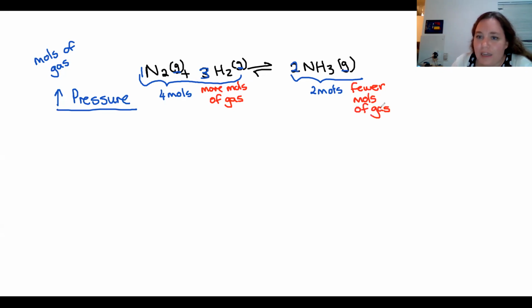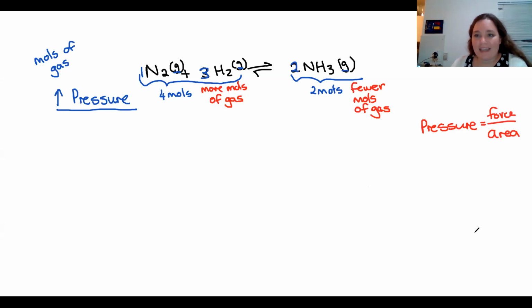Now, before we go any further, I want to do a quick recap about what pressure is. Pressure comes about because it is the ratio of force per unit area. When gases exert pressure, it's because particles of the gas collide with the walls of the container. My hand is the walls of the container, it's flat. This one's the particles, and when the particles collide with the walls of the container, they exert a force.